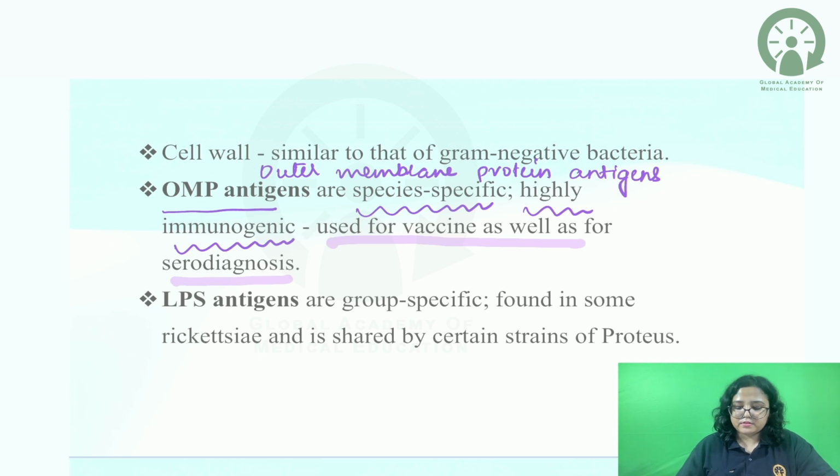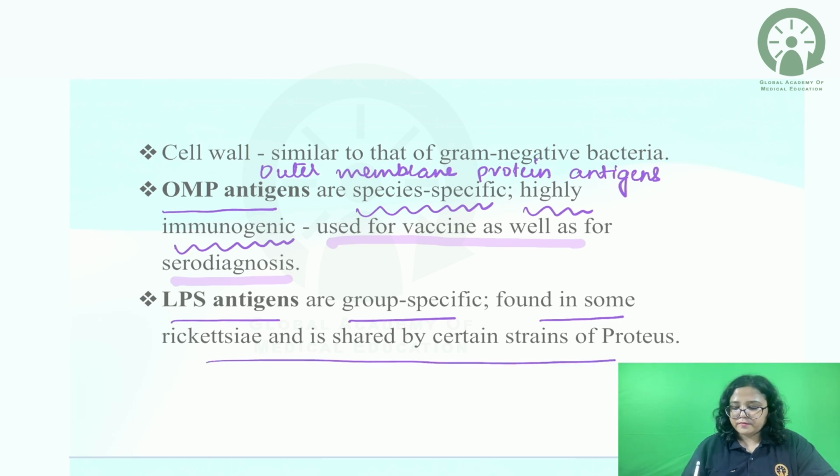Next is the lipopolysaccharide antigen, which is non-group specific and is found in some Rickettsia, and this is shared by certain strains of Proteus.